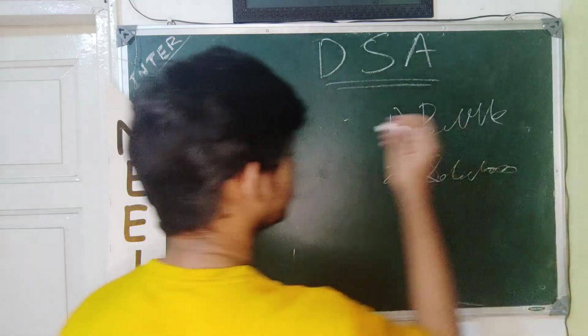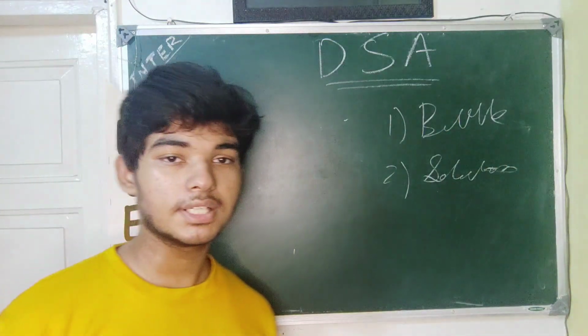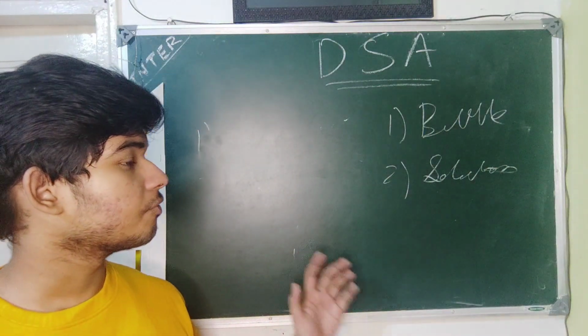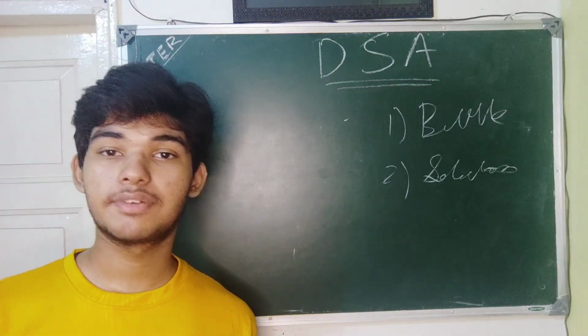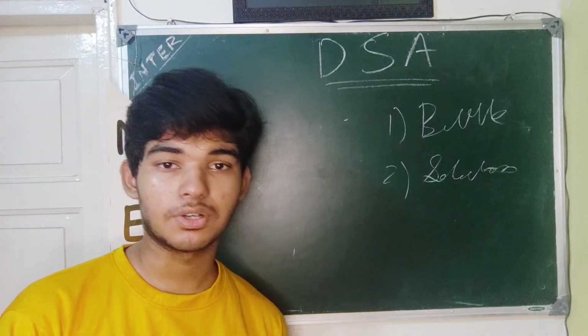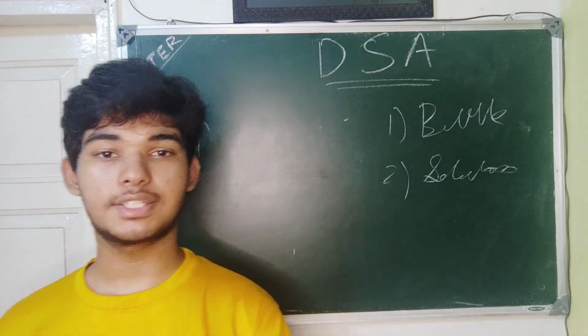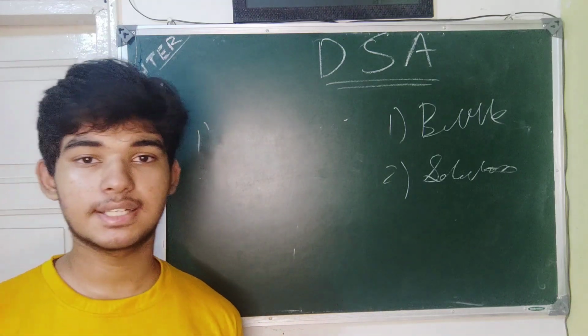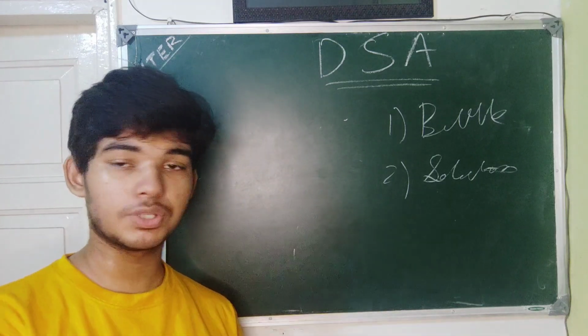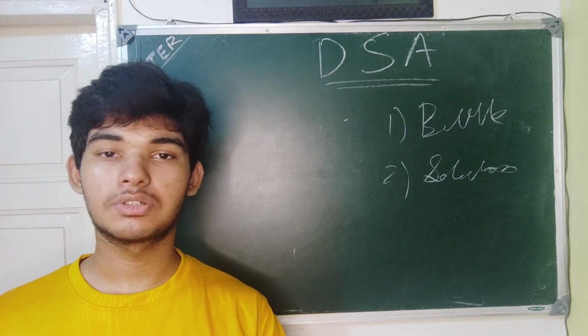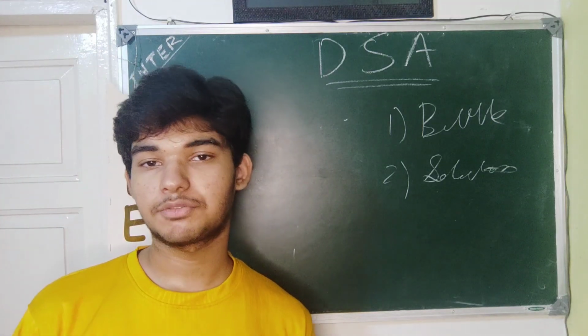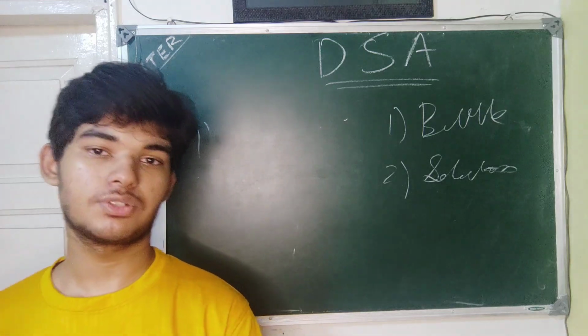So what are these two different types of sorting? Well, bubble sorting is basically where it sorts the different values given in increasing order. It goes from the smallest value to the largest value, and what it basically does is it sends the largest values to the right side and keeps the smallest values to the left. So smallest to the left and highest to the right.